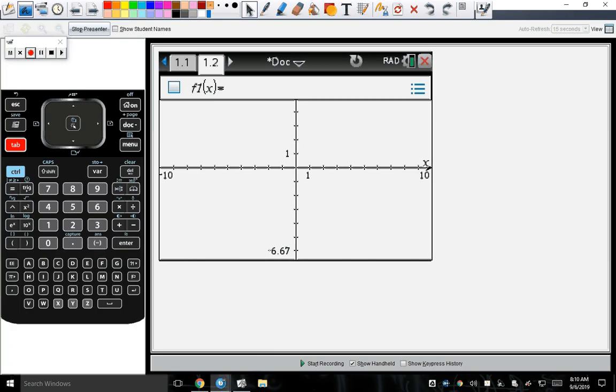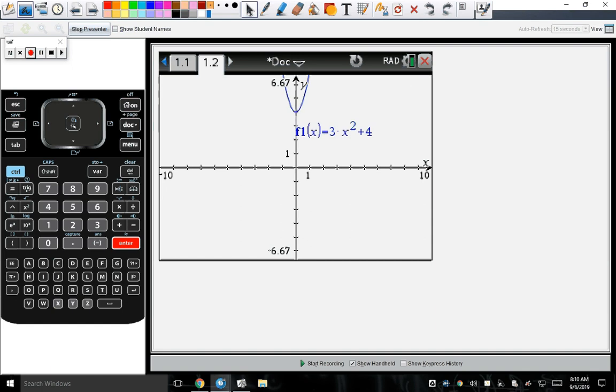So you can press that x squared button right next to 4, and we're going to do plus 4. So there's 3x squared plus 4. It's basically this kind of shape that goes on up forever and ever. Okay? And what we're wanting to do is find if the inverse of this is a function.